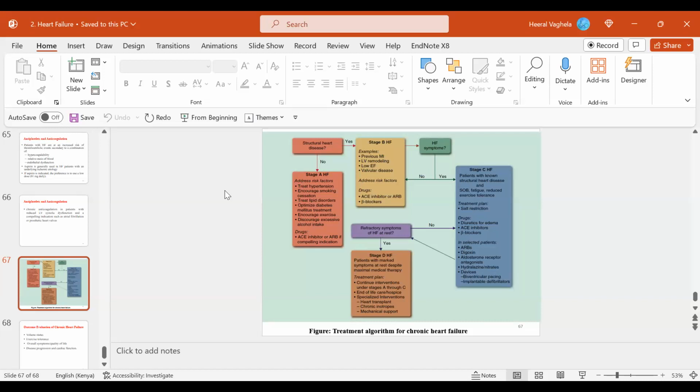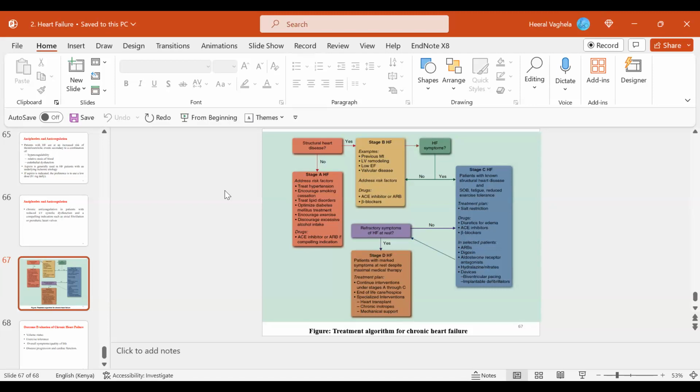Then when you go to stage C, where the patients now have all these symptoms, some of the drugs you're giving are diuretics for the edema, ACE inhibitors to reduce blood pressure, and also beta blockers. And over here you're now using digoxin for selected patients, aldosterone antagonists, and of course some devices like biventricular pacing or implantable defibrillators.